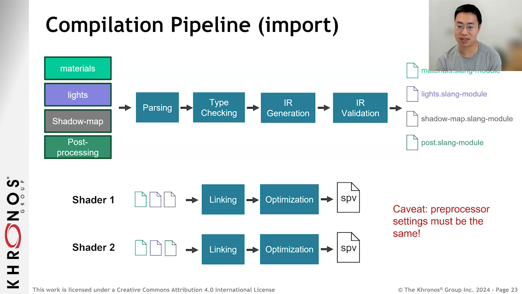This means that you won't be able to save as much compile time when every shader requires a different preprocessor macro setting, since you will need to compile every module from scratch under that new preprocessor define.